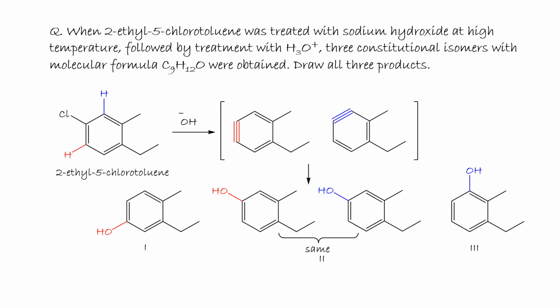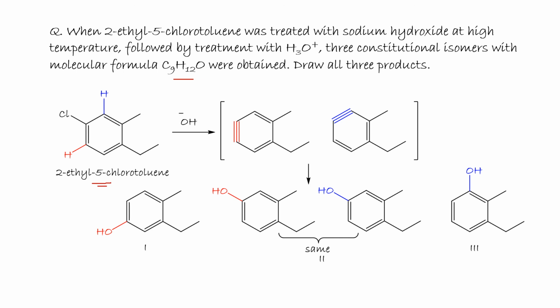When 2-ethyl-5-chlorotoluene, this compound, was treated with sodium hydroxide at high temperature, followed by treatment with H3O+, three constitutional isomers with molecular formula C9H12 were obtained.